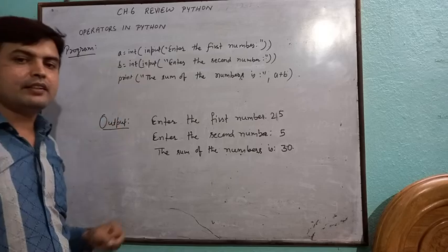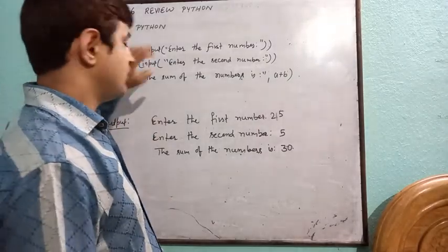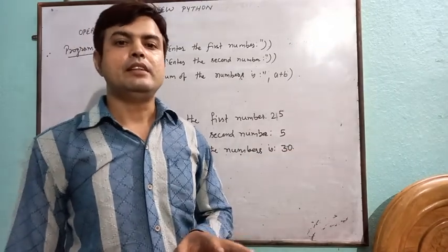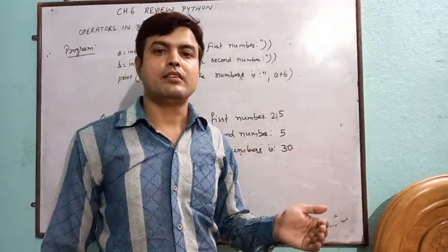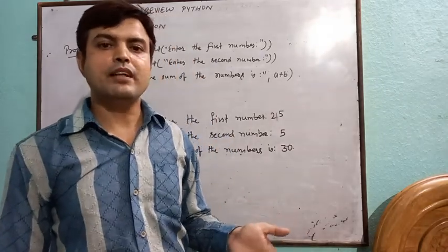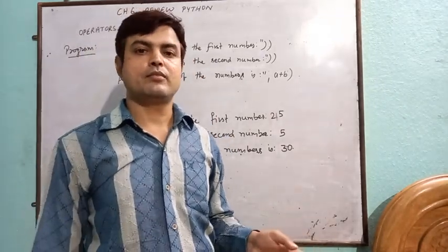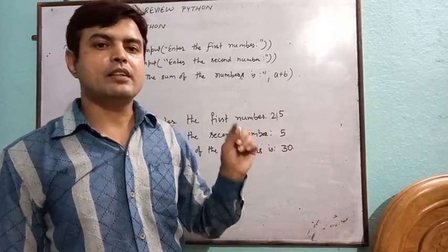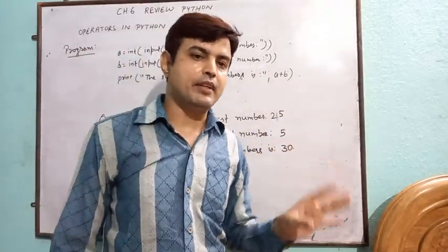So it is clear, a will hold an integer value, so we must enter int type data, that is, any integer with plus or minus sign of the given range. Refer to the book for the range of integer type data.